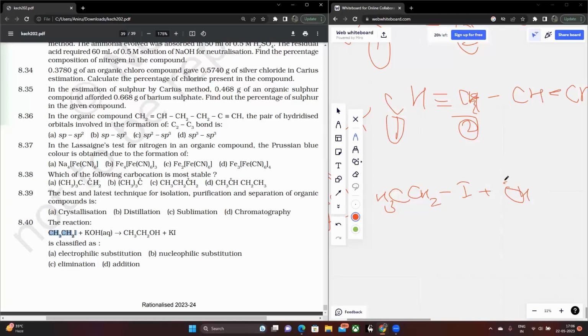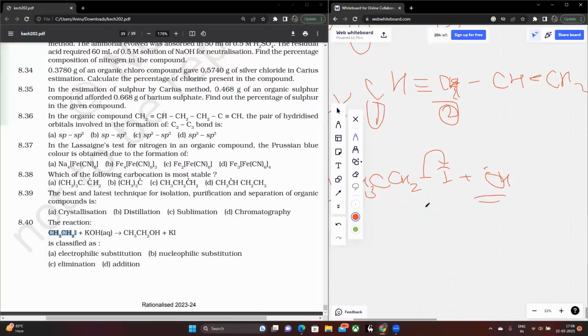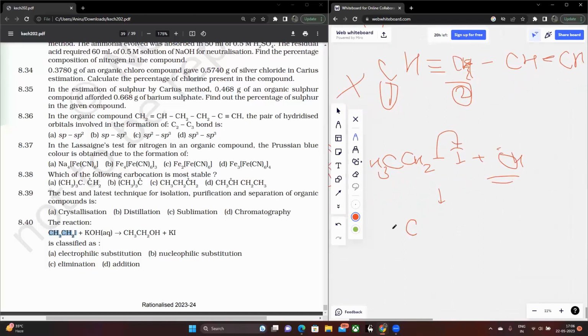So in KOH, what happens first is this bond cleaves because of the presence of this base. So this becomes CH3CH2 plus I minus. This actually does not happen this way. Bond cleavage is not fast. This happens simultaneously, right?